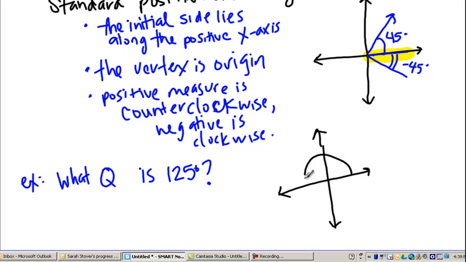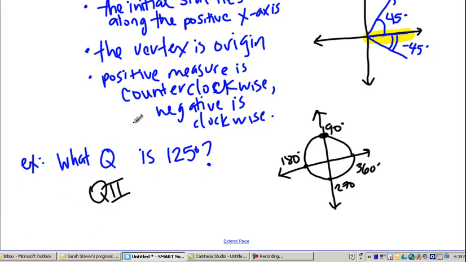Okay, so I've got a circle. How many degrees are in a circle? Hopefully everyone says 360. Therefore, this is 90 degrees, this is 180 degrees, and that's 270. Okay, moving on. So what quadrant is 125 degrees? If you said quadrant 2, you are correct.